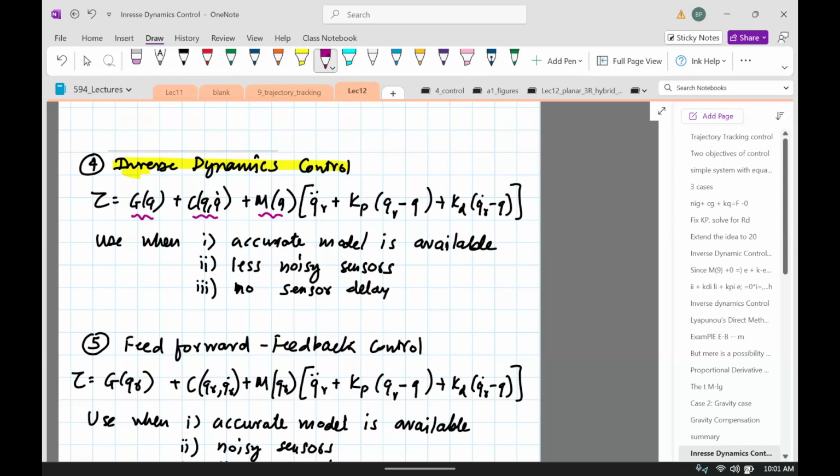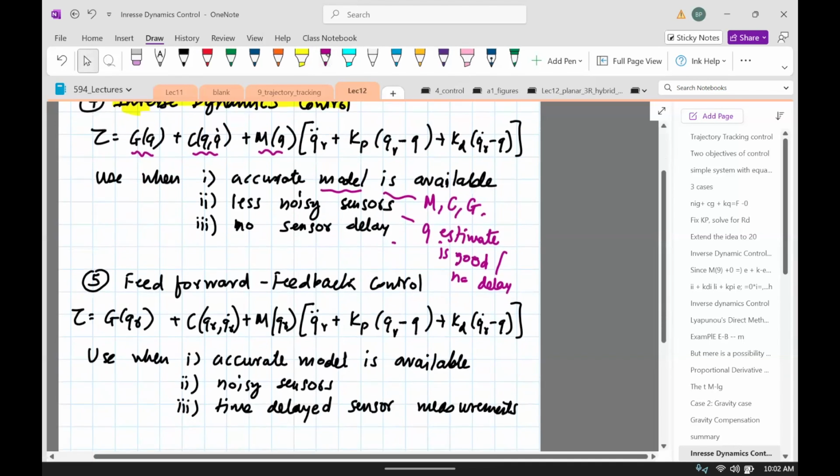Now, this is only useful when you have an accurate model, that is, you know M, C, G. And when the sensors are less noisy, which means that you have a very good estimate of q, and there's no delay.